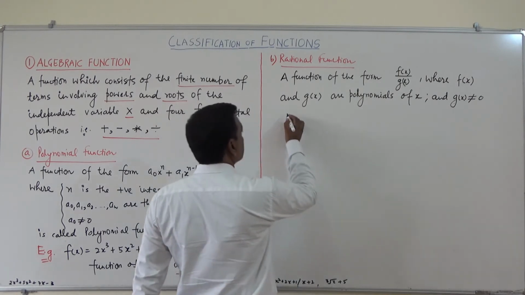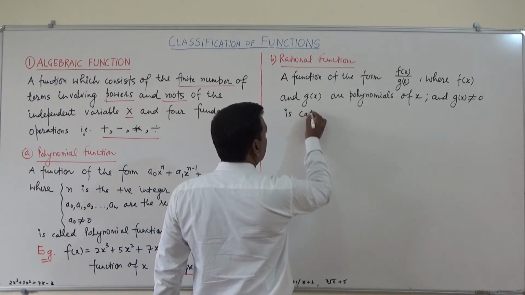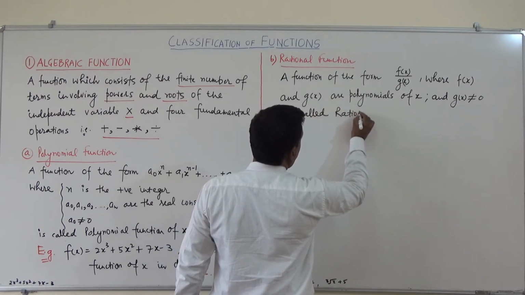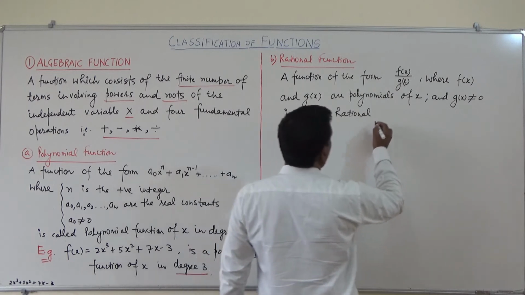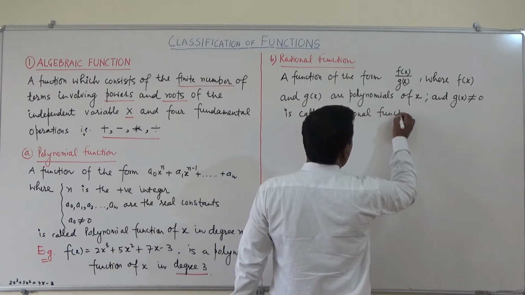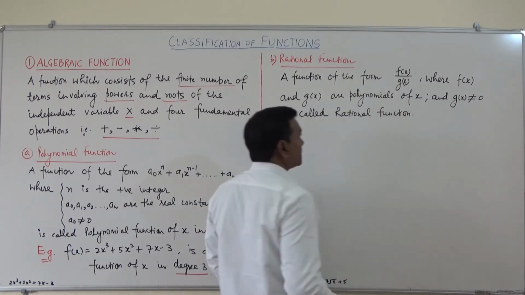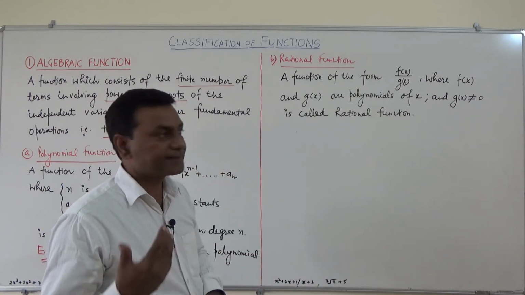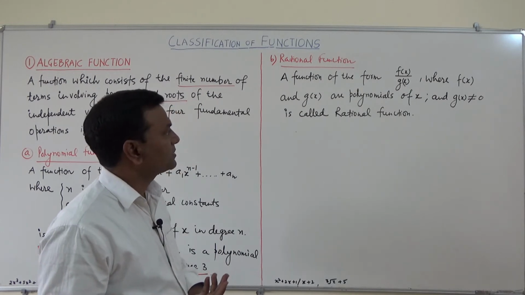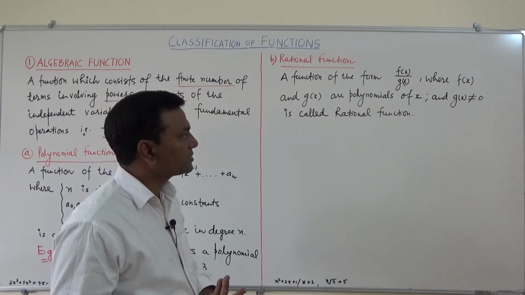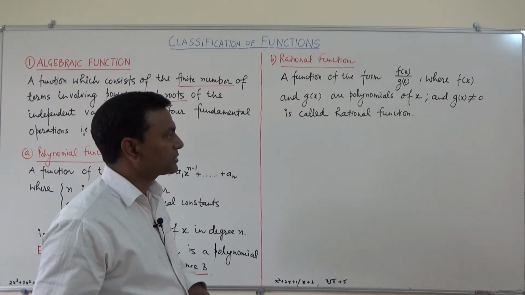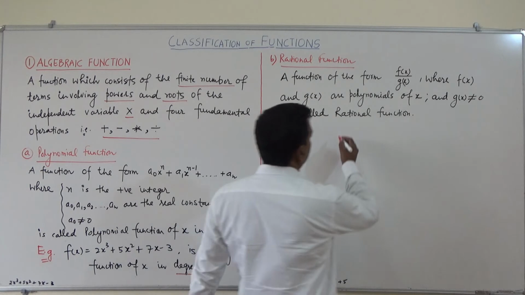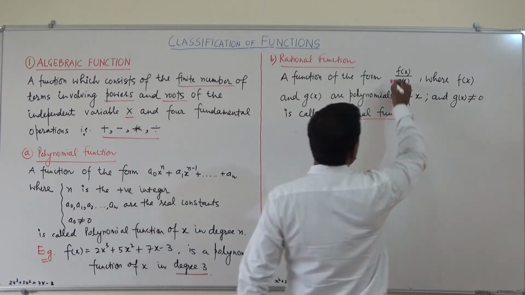Then it is called rational function. So function of the form fx upon gx, where fx and gx are polynomials of x and gx it should not be 0. This is called rational function.